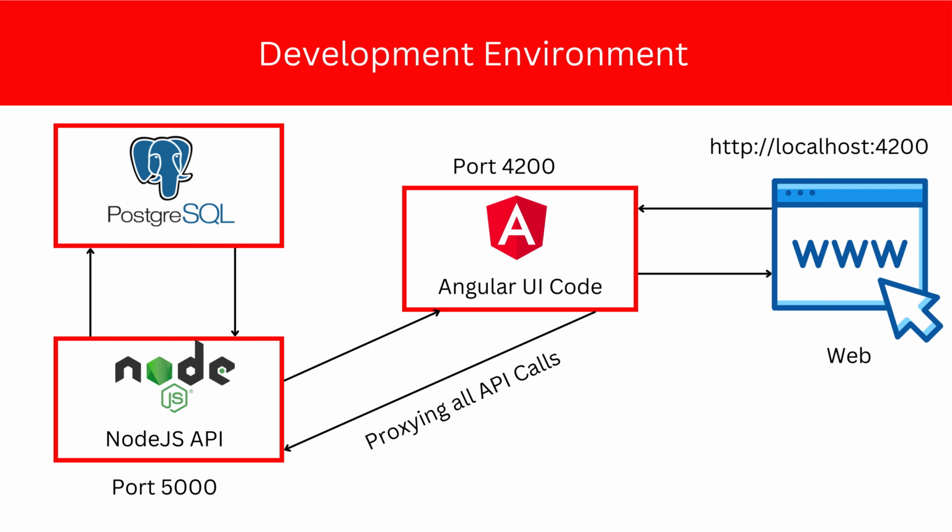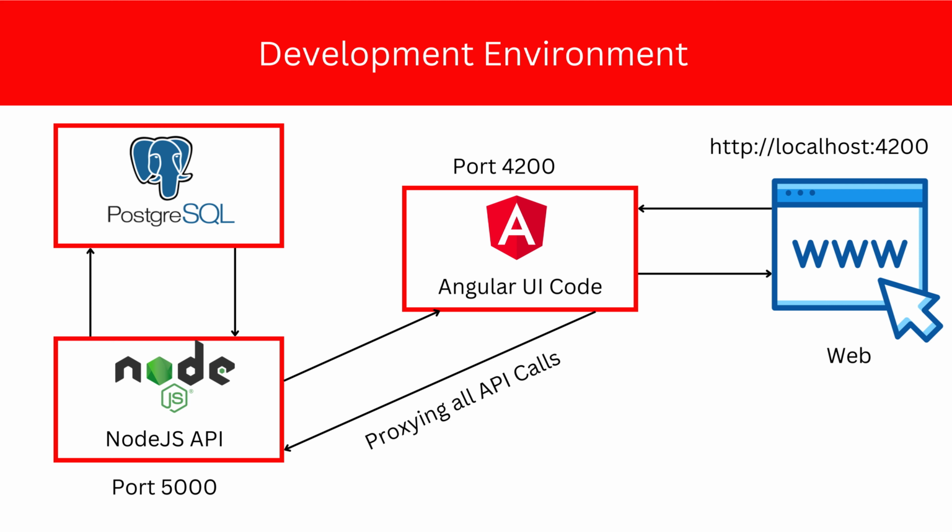This Node.js API will connect to the database, and you can have all CRUD operations: create, delete, read, and modify. All these operations you can do through HTTP network. So basically we are building a Node.js REST API, which serves all this data from the database on port 5000.